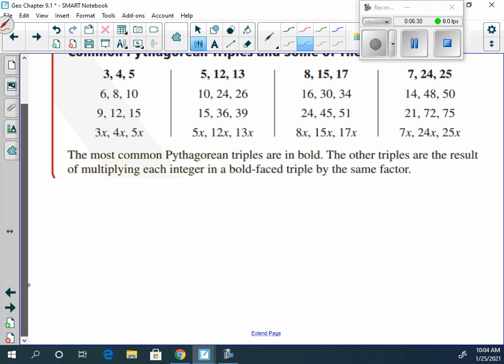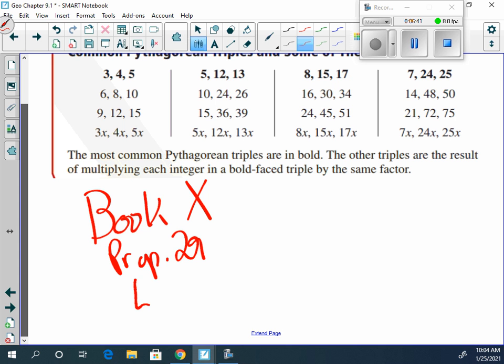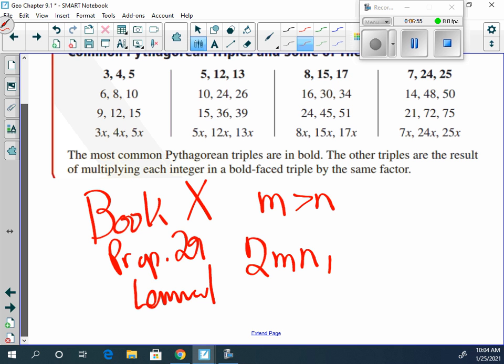And in Euclid, in his book 10, proposition 29, lemma 1, states, as long as we have a value of m and m is greater than n, then 2mn, m squared minus n squared, and m squared plus n squared will always generate a Pythagorean triple for any values of n and m, as long as m is greater than n.